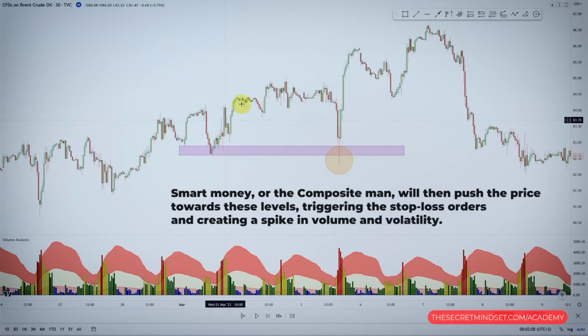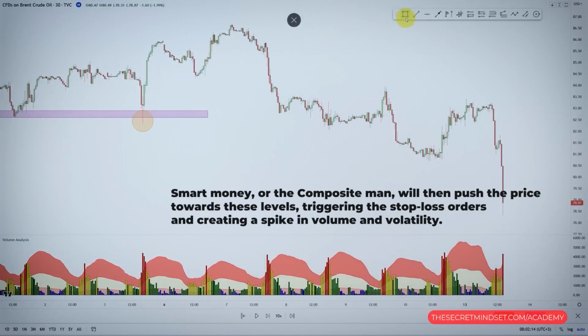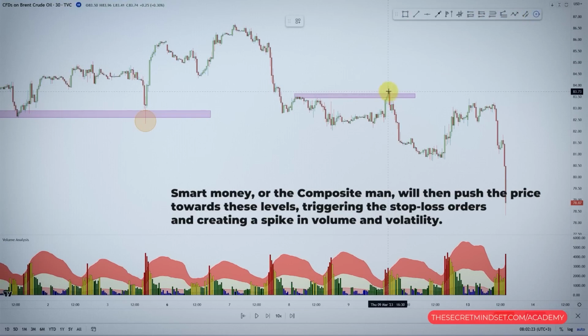Smart money, or the composite man, will then push the price towards these levels, triggering the stop-loss orders and creating a spike in volume and volatility. This spike can also cause other traders to panic and join the move, creating a double trap.